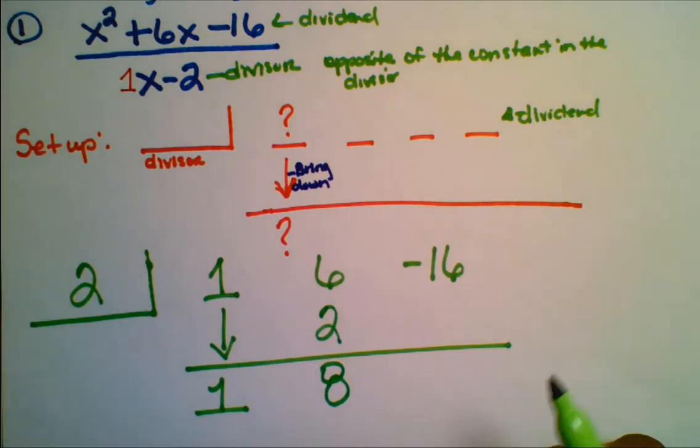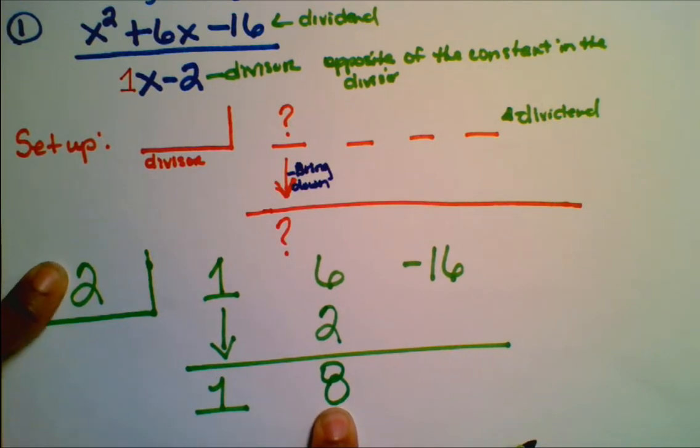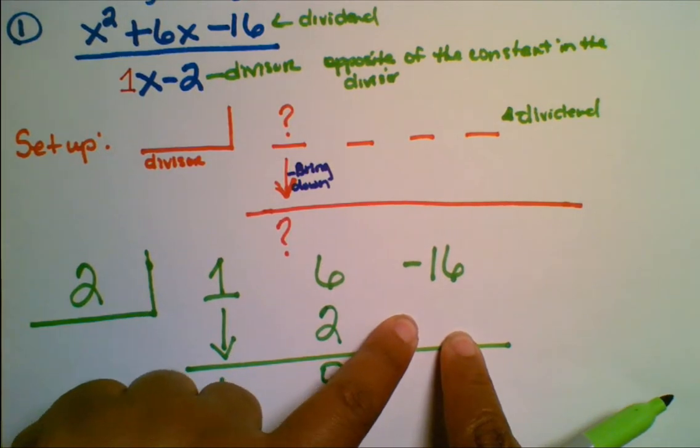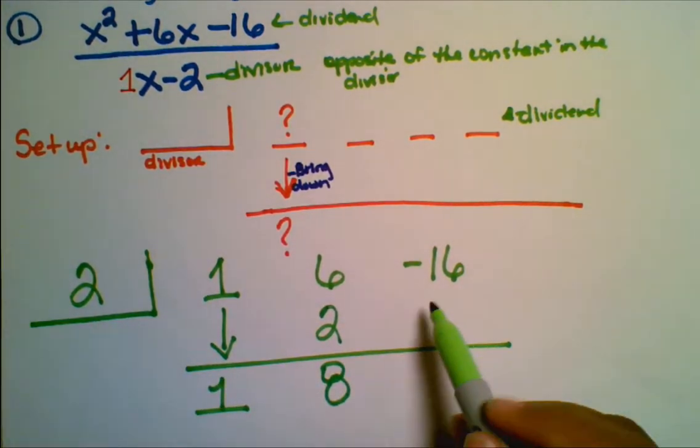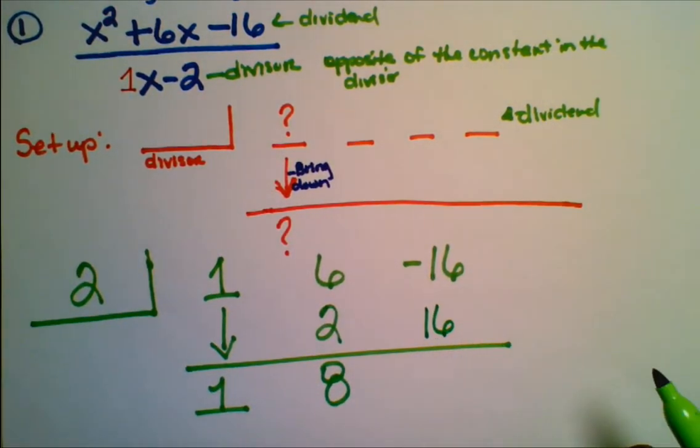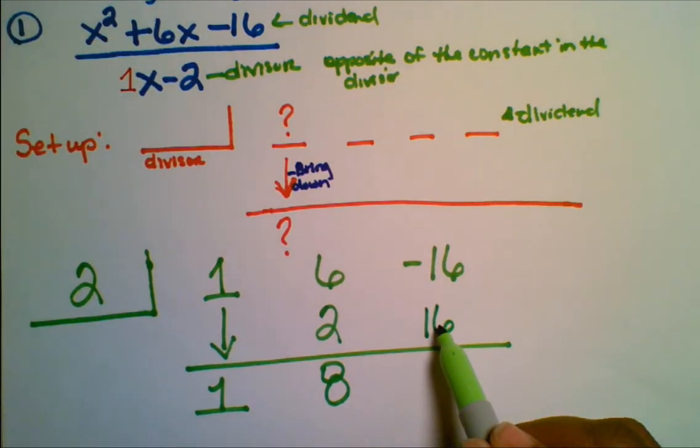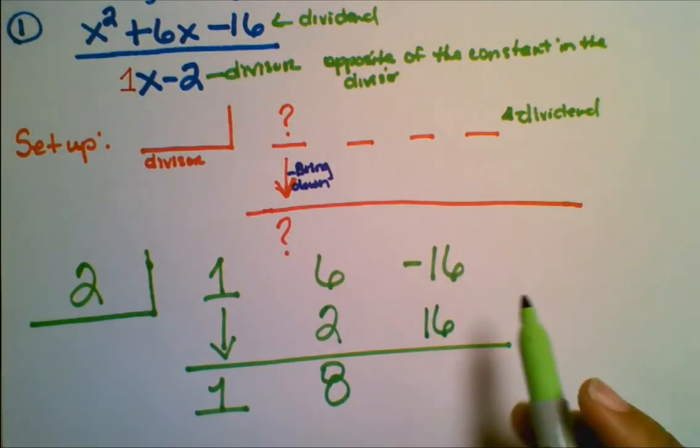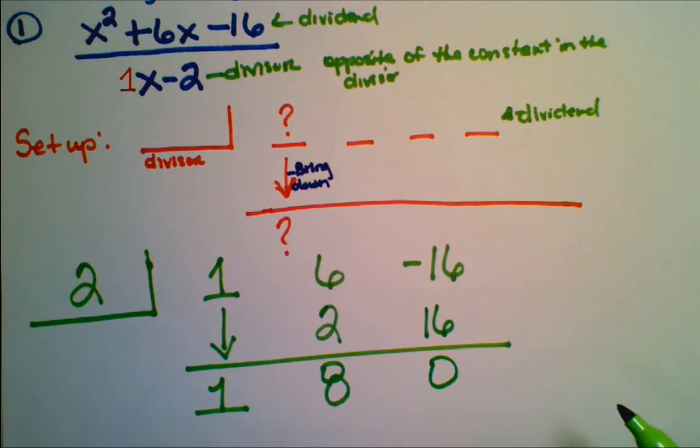Here's the process again. Now we're going to take this 8 and multiply it by this 2. That gives us 16. And we're going to bring it over to the next column, which gives us positive 16, and take that 16 added to negative 16, that gives us 0.